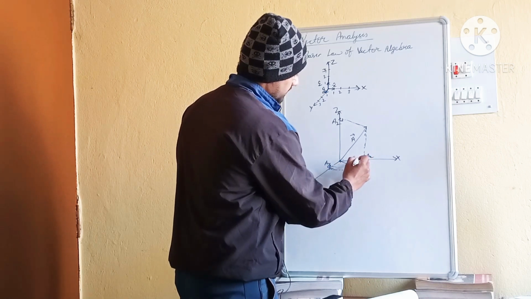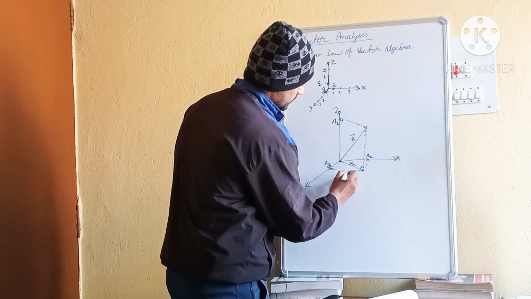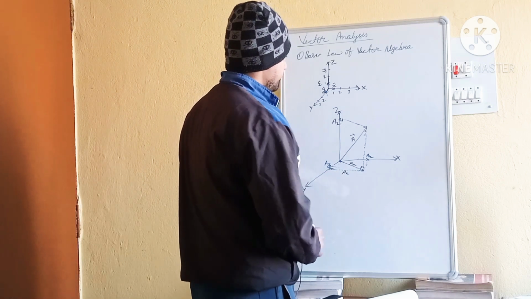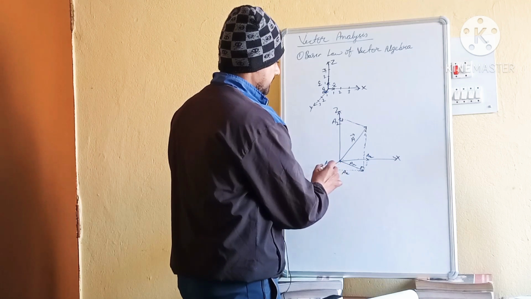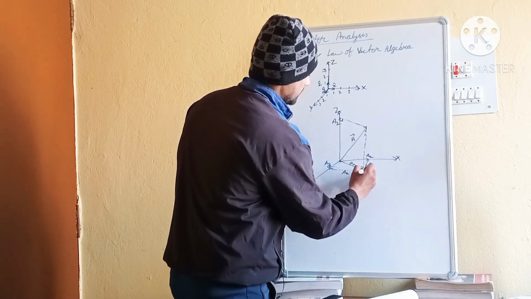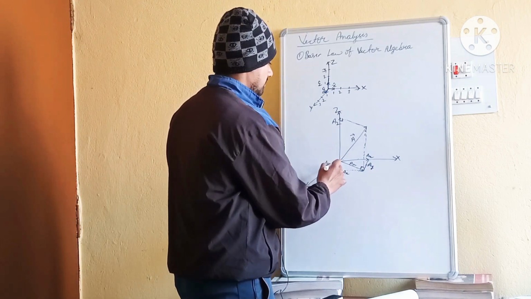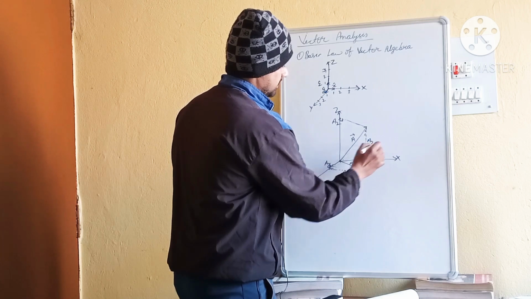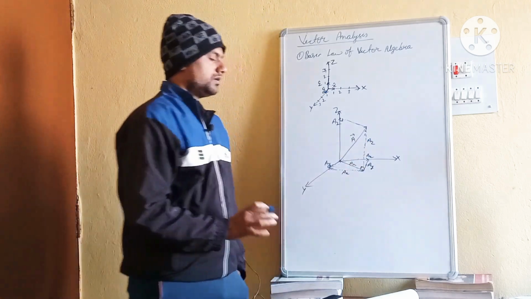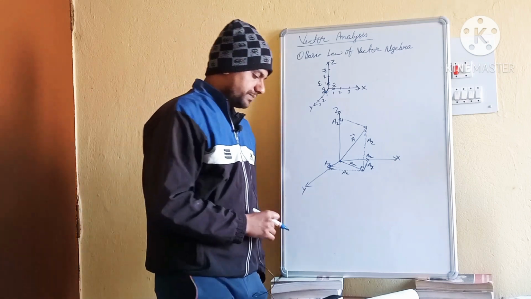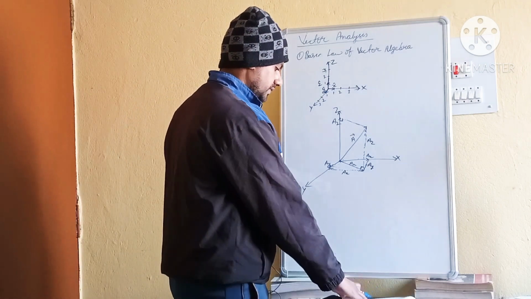So if this one is AX, this one will also be AX, and if this one is AY, this one will also be AY, and if it is AZ, this one is also AZ, because these two are parallel and equal in magnitude.